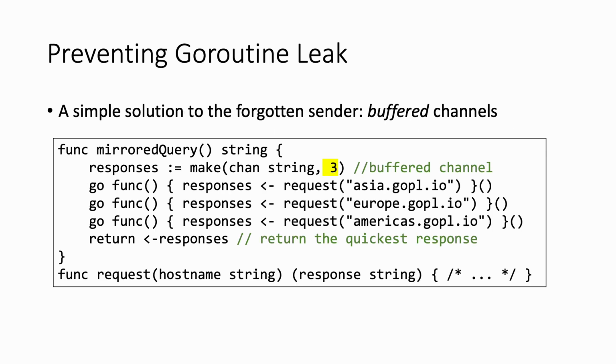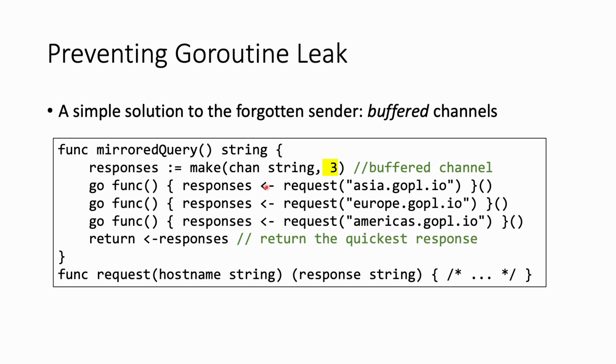So how to prevent goroutine leaks? For the forgotten sender pattern, a simple solution is to use buffered channels. For example, in the mirrored query application, we can change the responses channel to be a buffered channel with capacity at least 3, so that it can hold 3 responses in its queue.